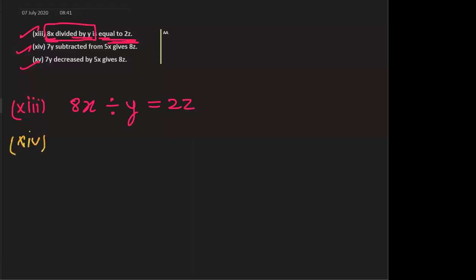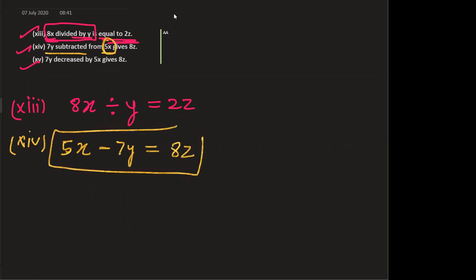14. 7y subtracted from 5x. So the number which comes after from should be written first. So 5x. Okay. 7y subtracted from 5x. So 5x minus 7y gives 8z. This is very important. You might have been confused in this. 5x minus 7y is equal to 8z.